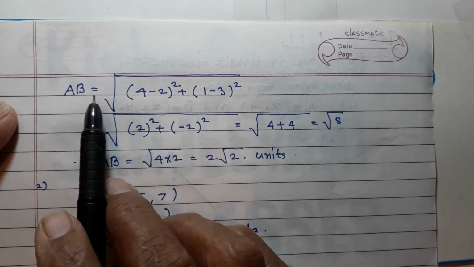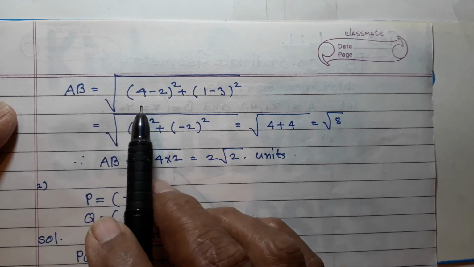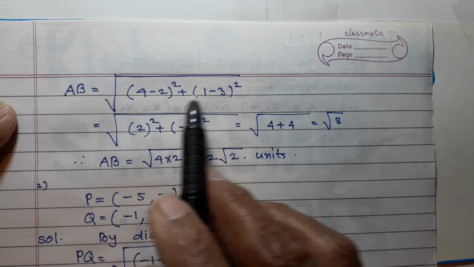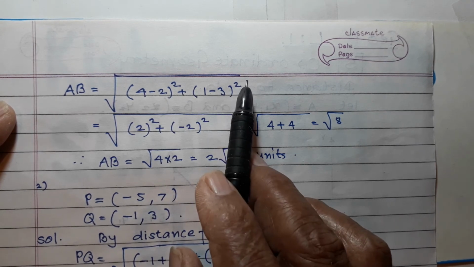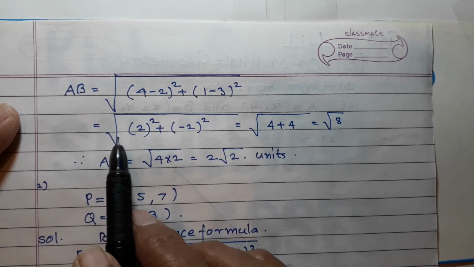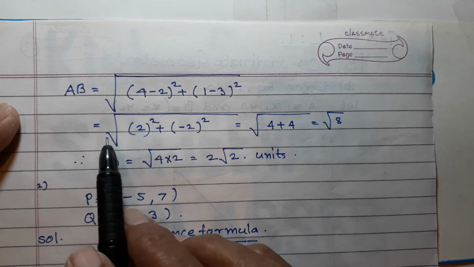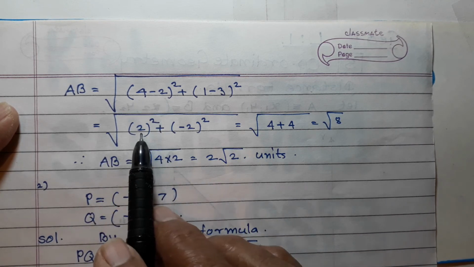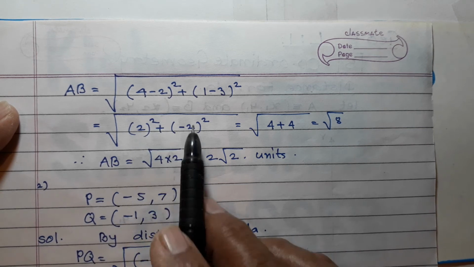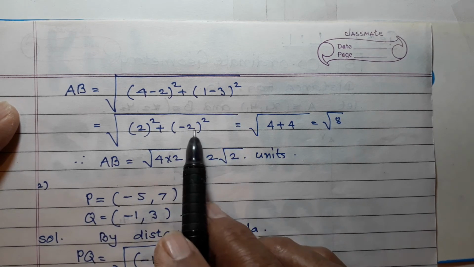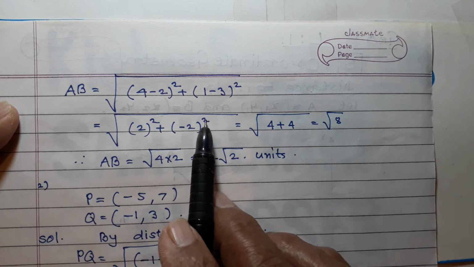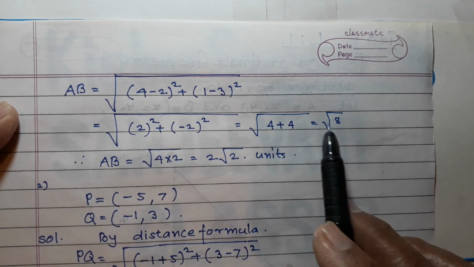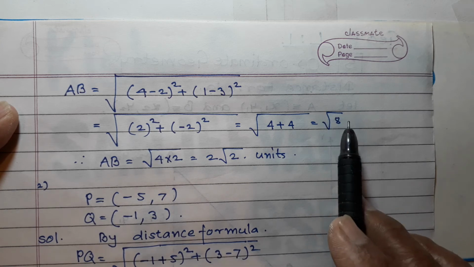and therefore AB is equal to under root (4 minus 2) square plus (1 minus 3) square, and therefore AB is equal to under root, 4 minus 2 is equal to 2 square plus 1 minus 3 is equal to minus 2 square is equal to 4 plus 4, and is equal to under root 8.